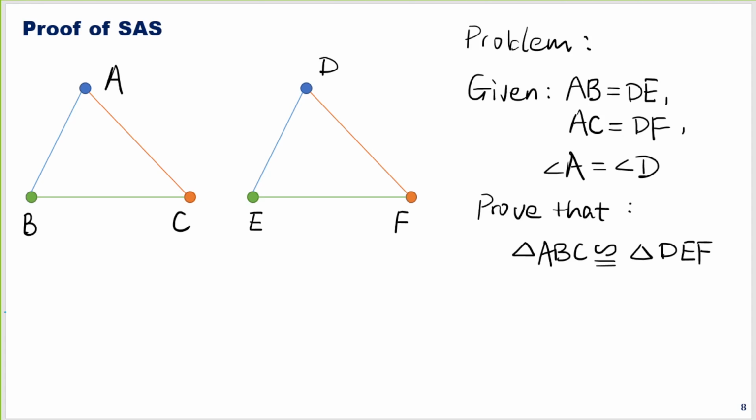Given two triangles, ABC and DEF, with AB equals DE, AC equals DF, and the angles in between also congruent, can you prove triangle ABC is congruent with triangle DEF?